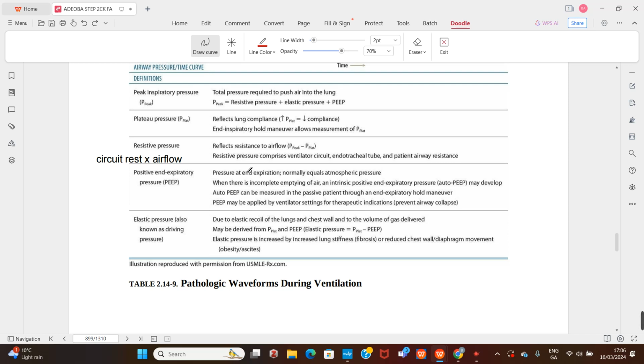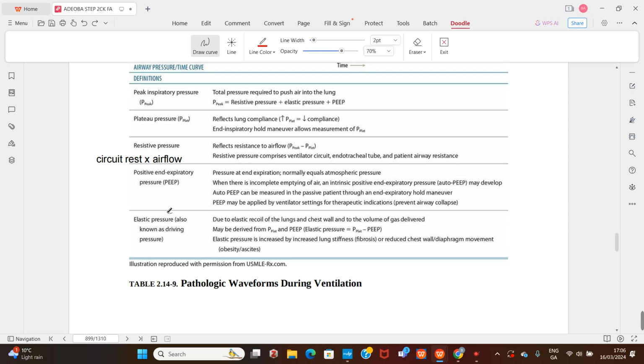The PEEP is always some pressure above the atmospheric pressure, and that is what is keeping the airway patent and not collapsed. You can verify online. If anybody sees anything contrary, we can talk about it.